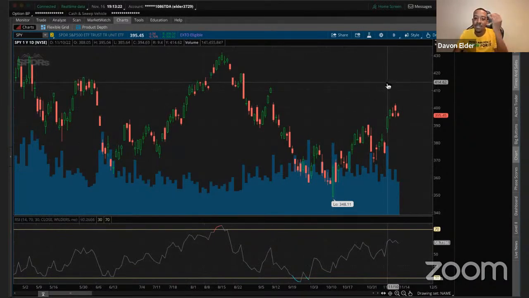Also, we had another CPI reading on November 10th, last week. The volume was 141 million shares traded, the third highest volume we've had in the last 2 months. CPI, the inflation, was much better than what the analysts had anticipated. So the market made a decision, and the market showed you how it felt about it because the volume was so high.